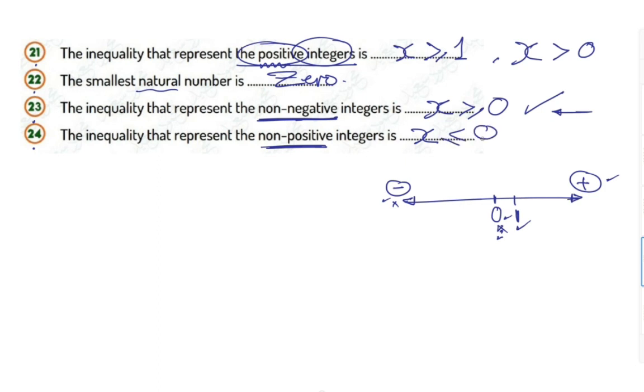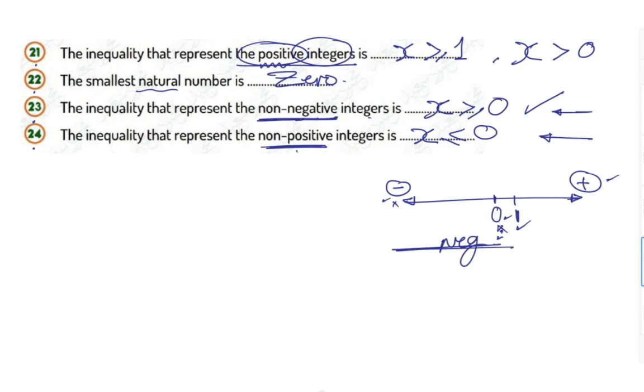Equals 0, because 0 is non-positive and non-negative, and less than 0 is all of these negative numbers. So these two are the opposite of each other. x greater than or equal to 0 is the non-negative integers. x less than or equal to 0 is the non-positive integers.